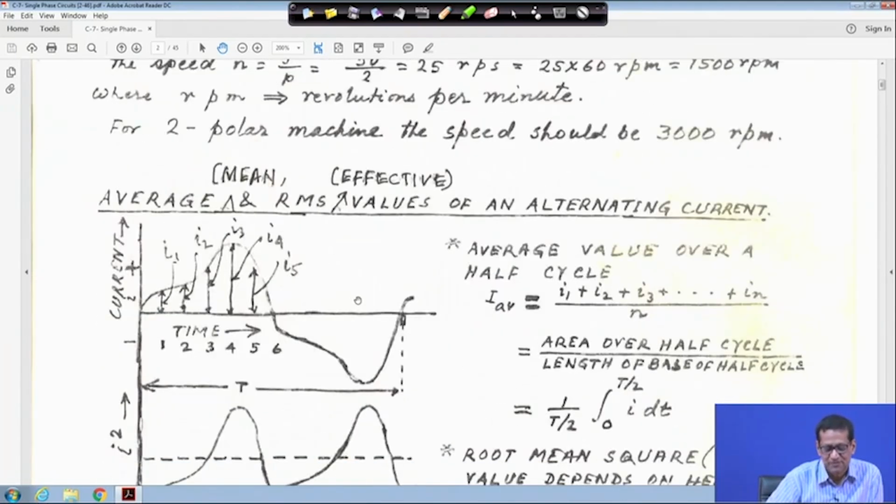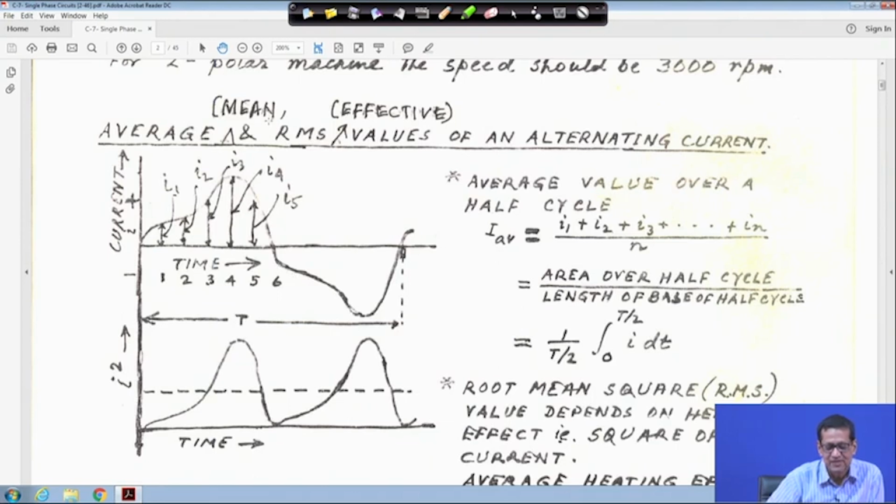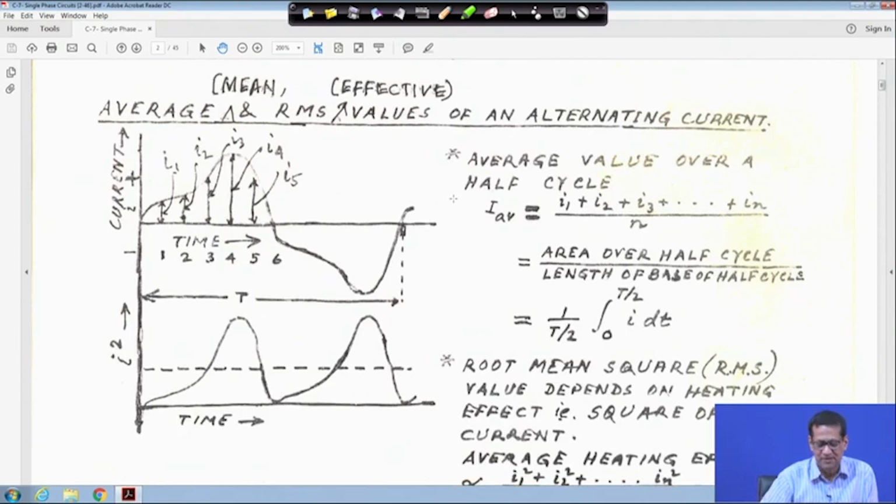Sometimes the average value is called the mean value, and the RMS value, that is the root mean square value, is called the effective value of an alternating current. Now, for our understanding, we have not taken a sinusoidal waveform like that. We have taken some waveform, but symmetrical.